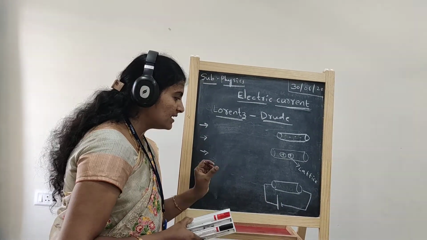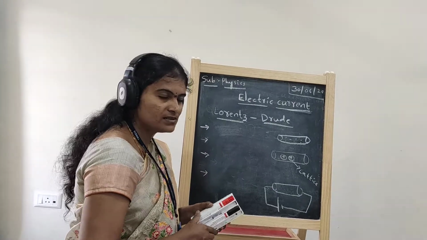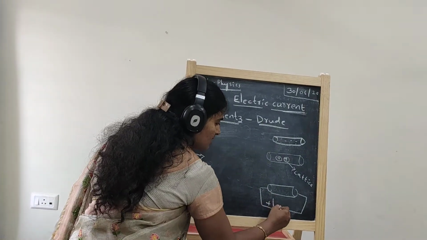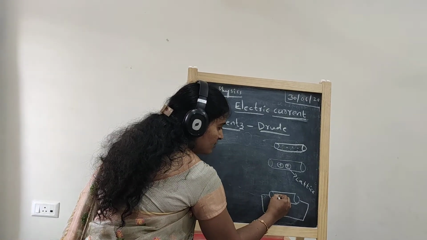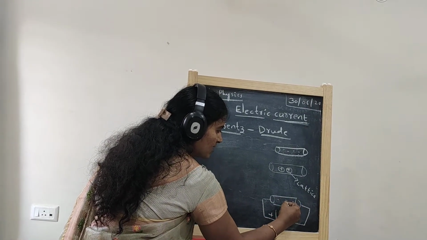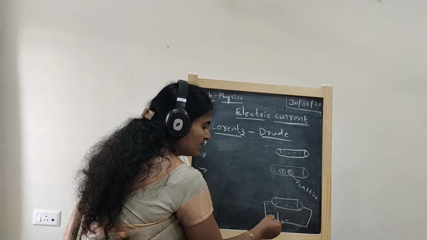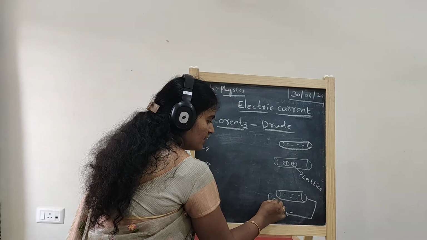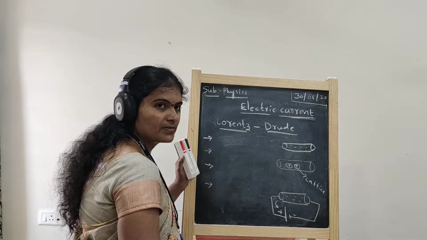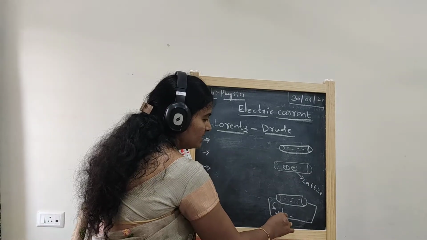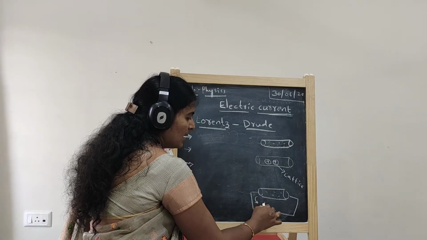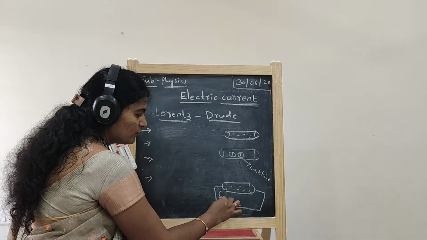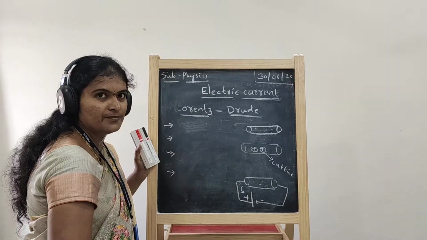So whenever the battery is connected, what happens? This is the positive charge, this is the negative charge. The negatively charged particles, which are nothing but electrons, are attracted by the positive plate. So they will move in this direction, which is the direction of the electrons. They move towards the positive plate of the battery.